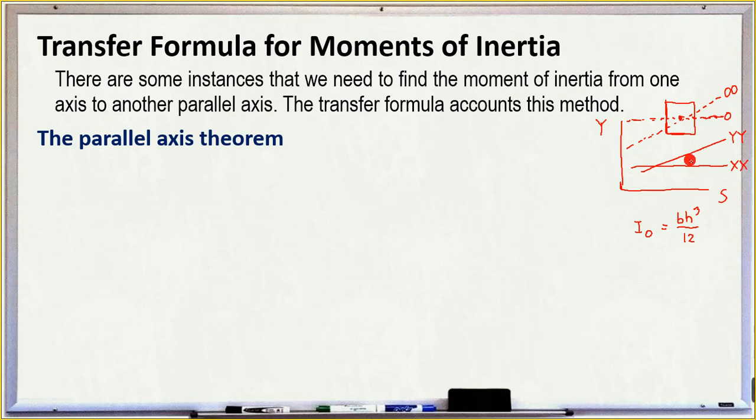Okay. So what we have here, we will derive this parallel axis theorem. We have here the x and y axes, and then a very complex object, and this is its center of gravity.